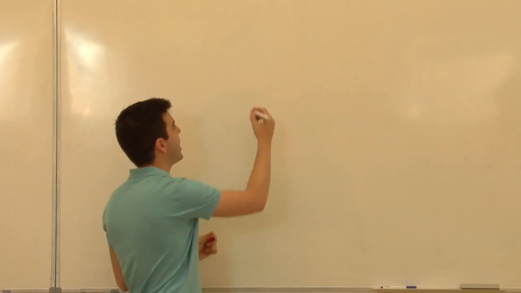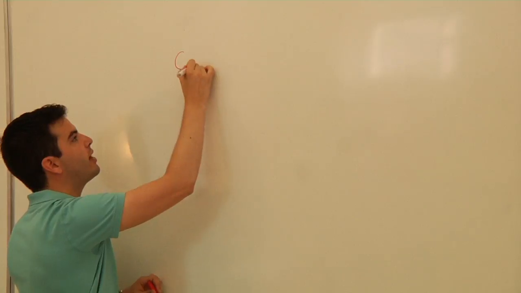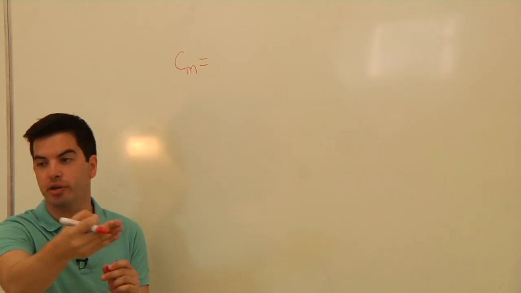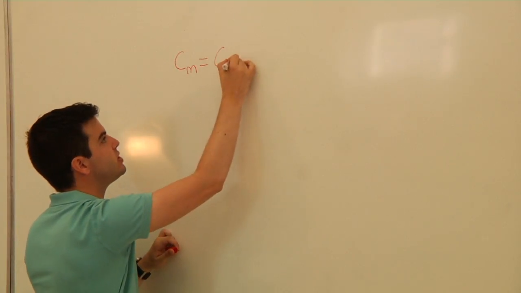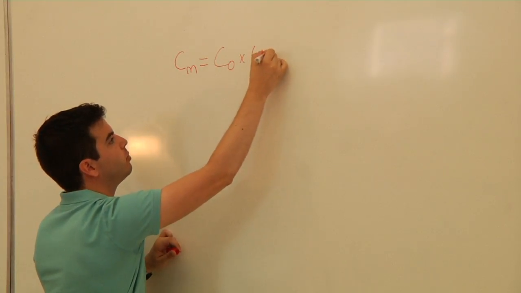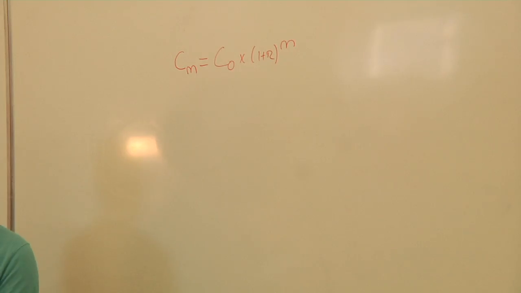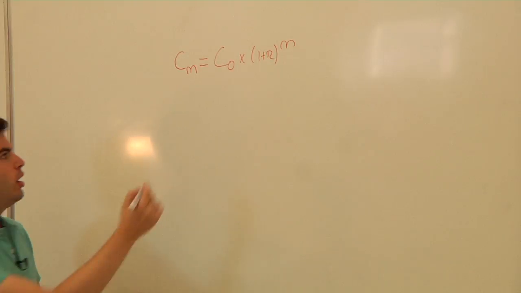So let's get back to the formula we had in the previous class. So Cn, the capital you have after n periods, is equal to C0 times (1 plus r) to the power of n. So this is what we saw in the previous video. Okay?